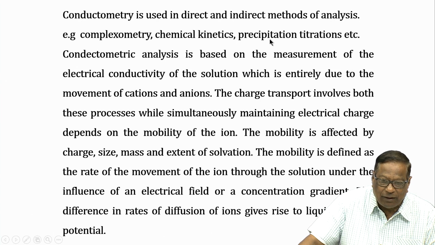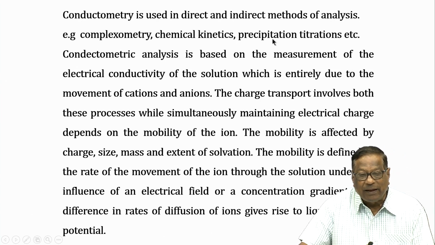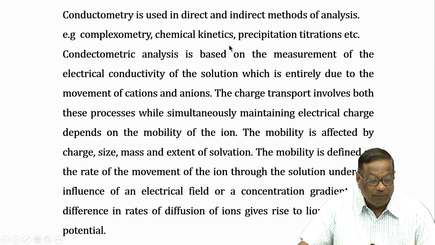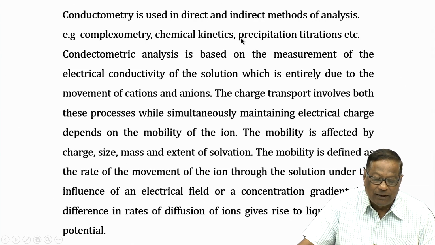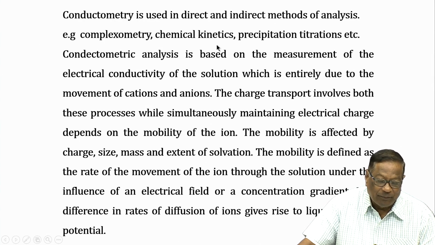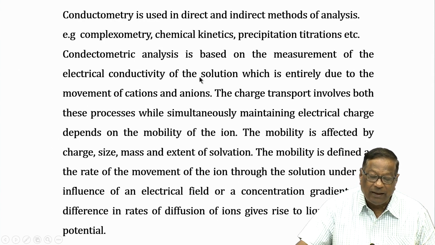In precipitation, definitely the precipitate is supposed to be neutral and ions will be removed. So, like that, wherever there is appearance or disappearance of ions, conductometry can be used.